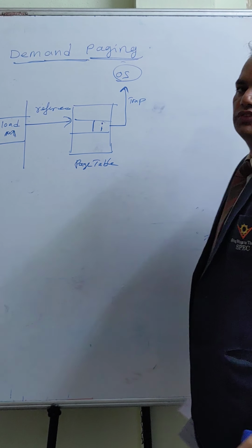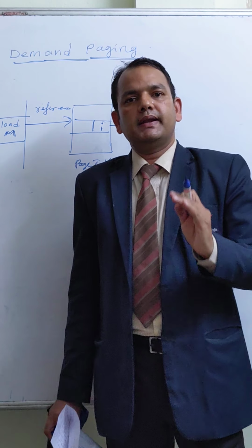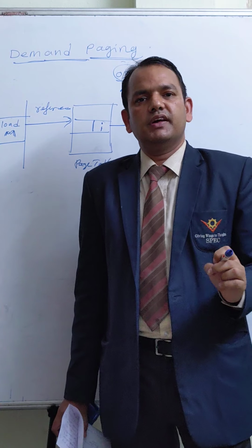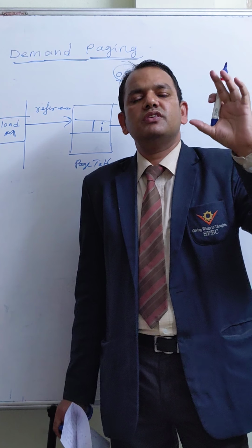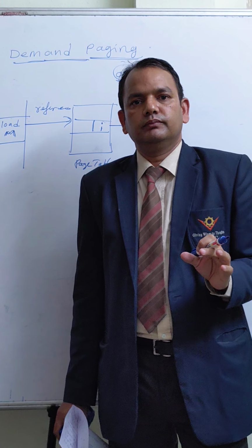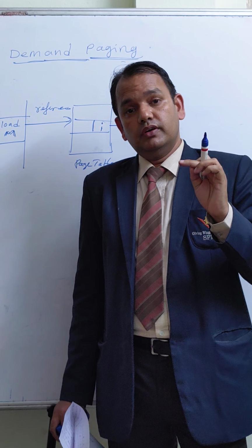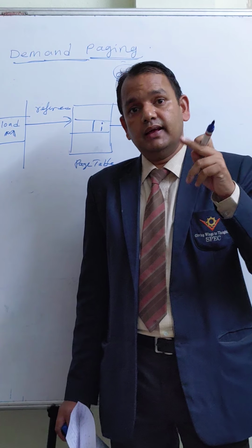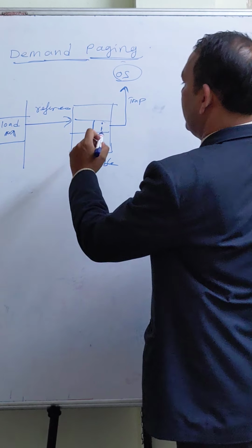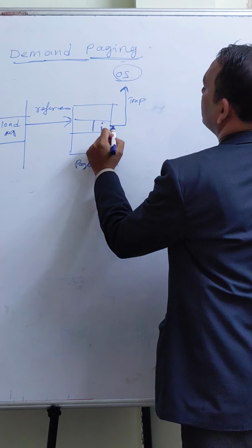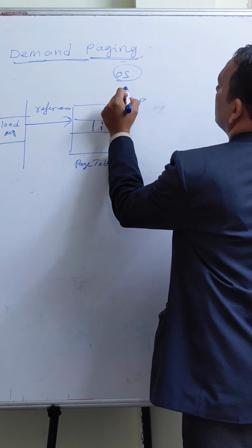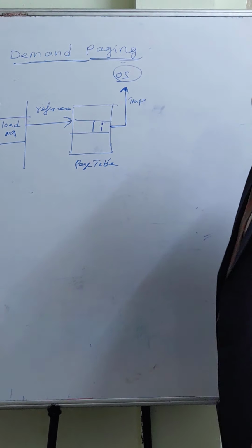Two types of references. Suppose a particular process references beyond its range, then terminate it. If it references a particular page which is used by that process, then we have to send this to the trap; the operating system will generate a trap signal.